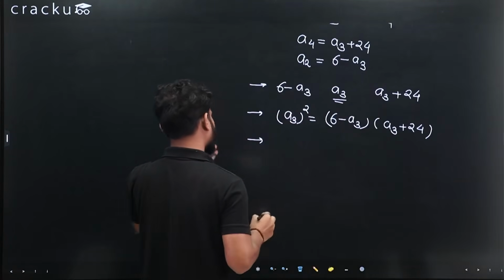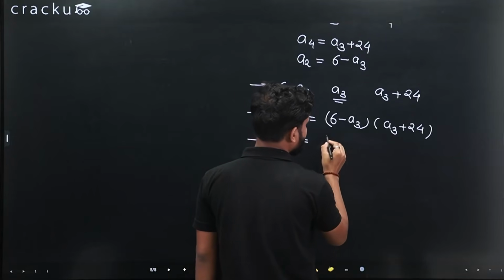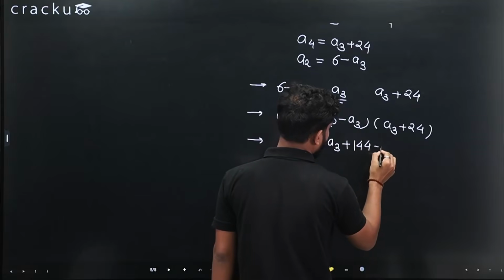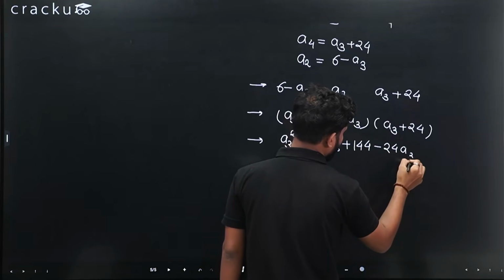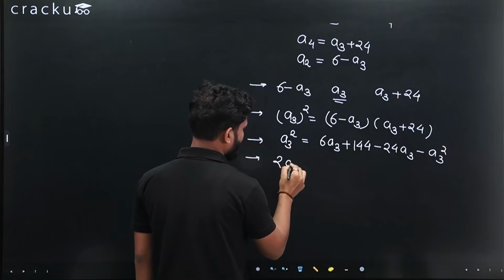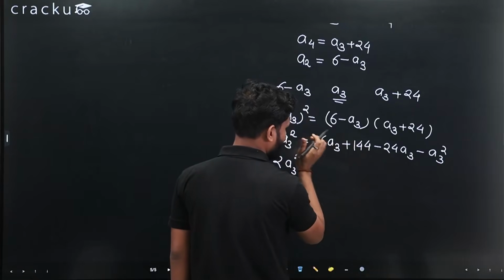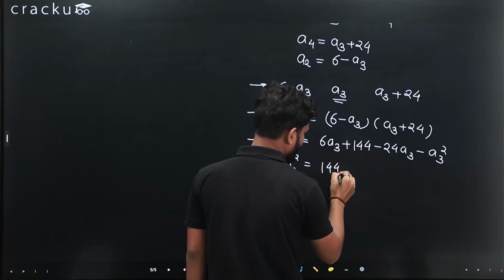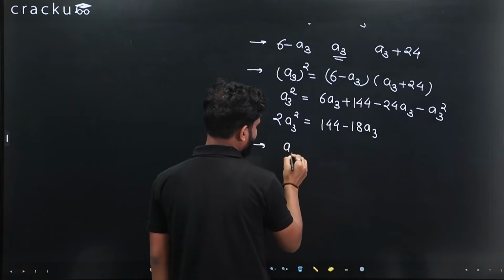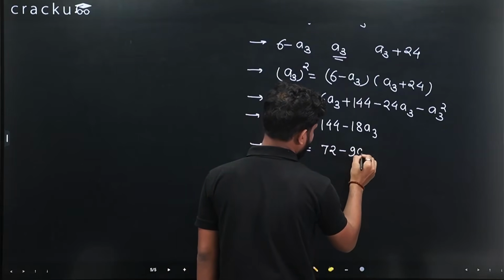This will be A3 square is equal to 6A3 plus 144 minus A3 square minus 24A3, or 2A3 square is equal to 144 minus 18A3, or I can say A3 square is equal to 72 minus 9A3.